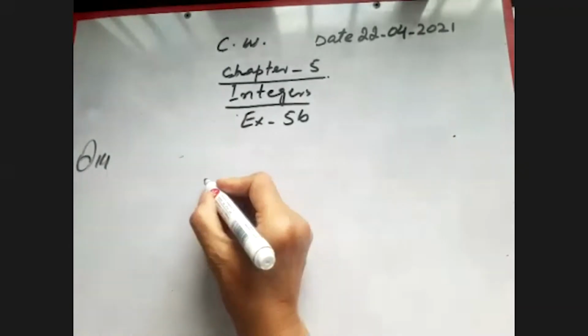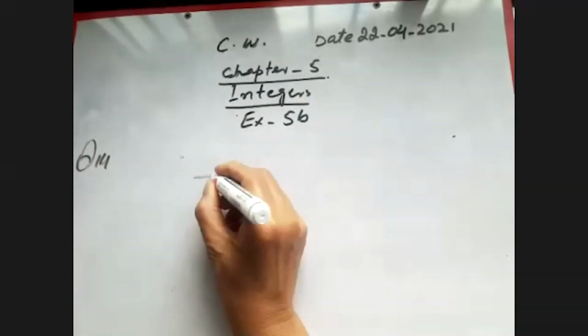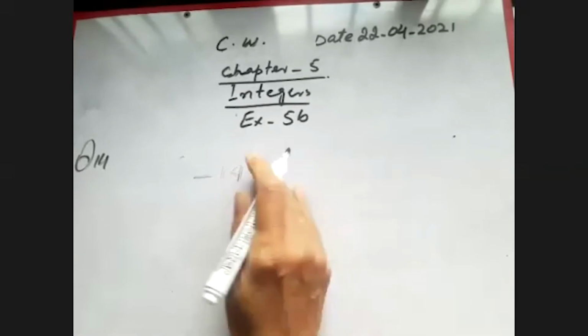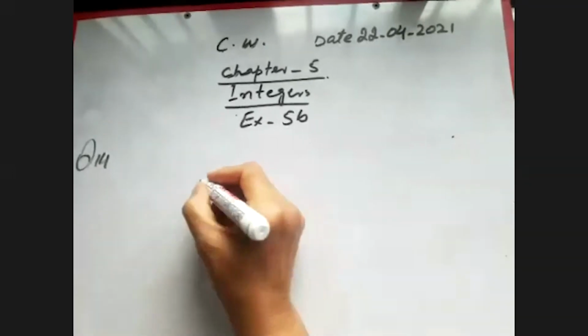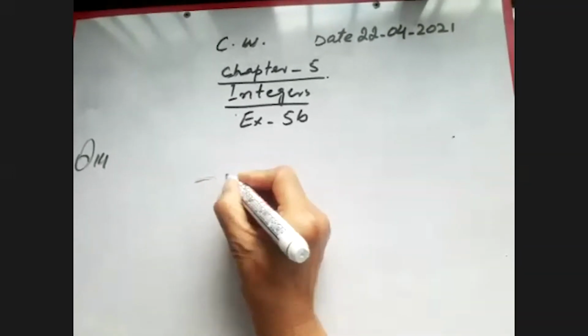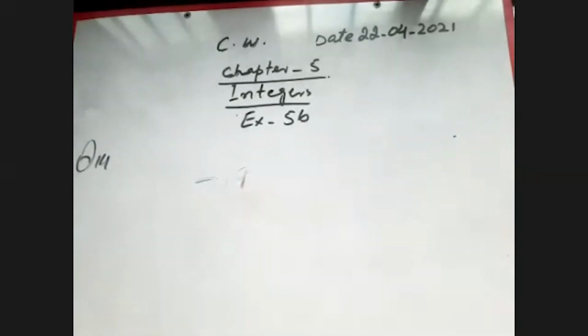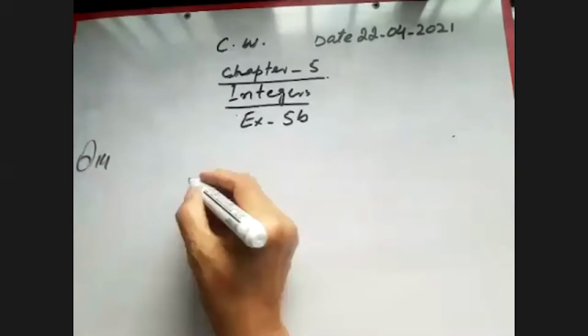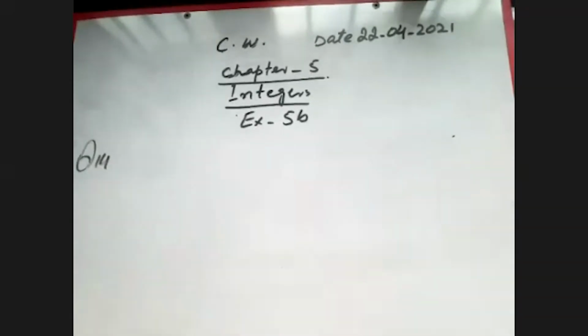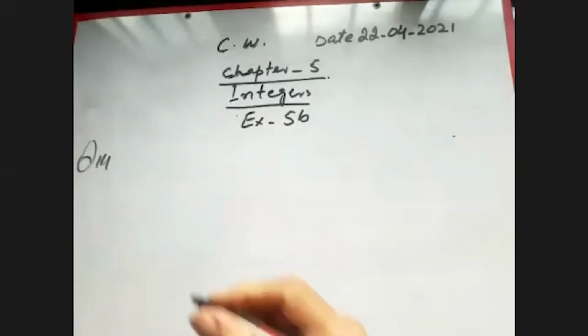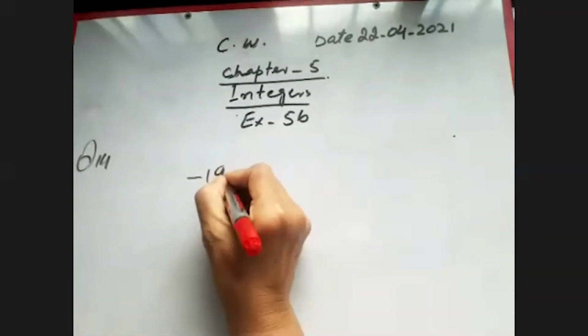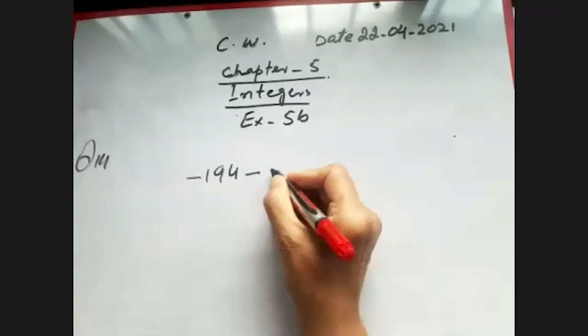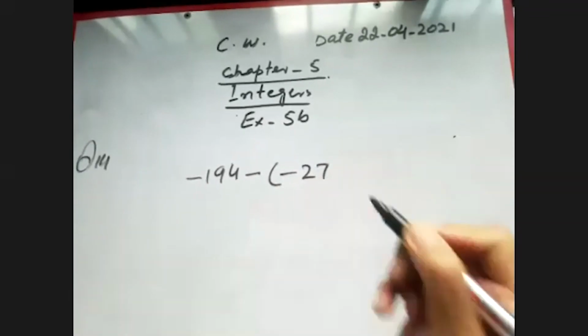So the statement becomes date of death, which is minus 194, minus date of birth, minus 276.